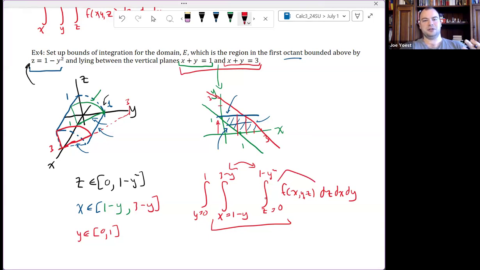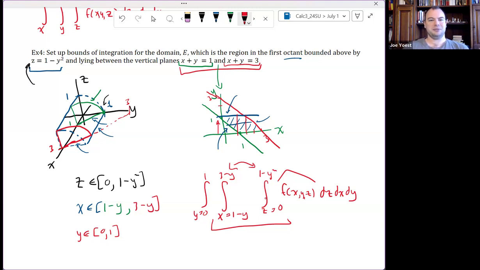All of this was just for the domain of integration to set up the bounds, and also being able to go back and forth between the algebraic side of things and the geometric side of things, looking at this picture and saying which way, dy dx or dx dy, is going to work better. Those are two things to remember. Use both the algebra and the geometry.